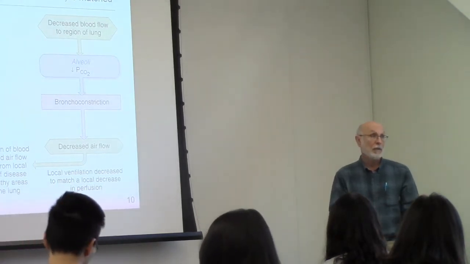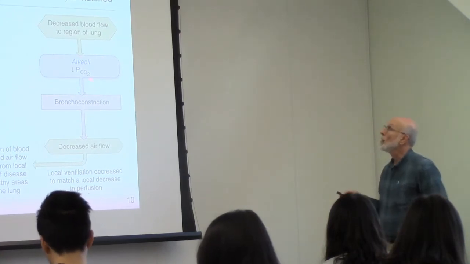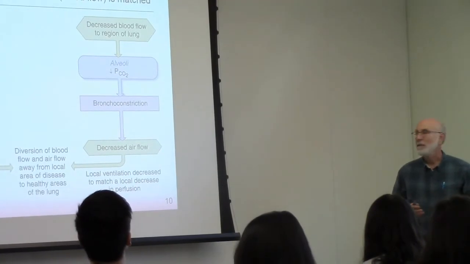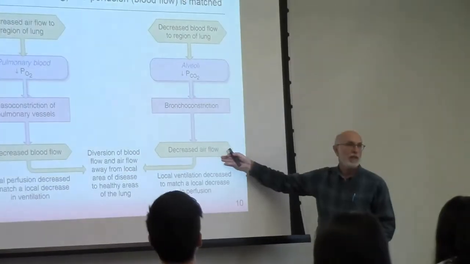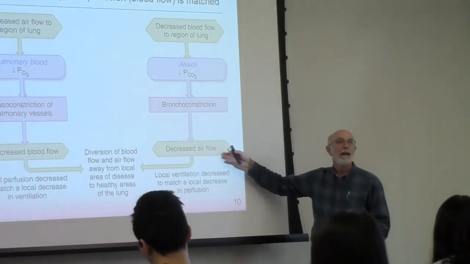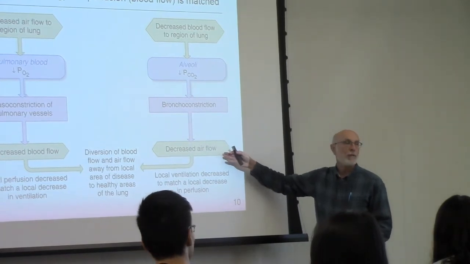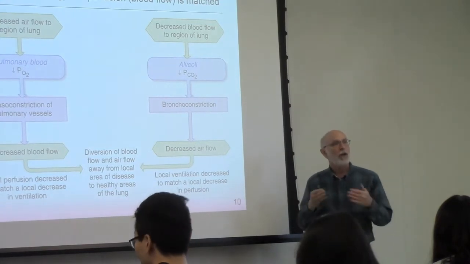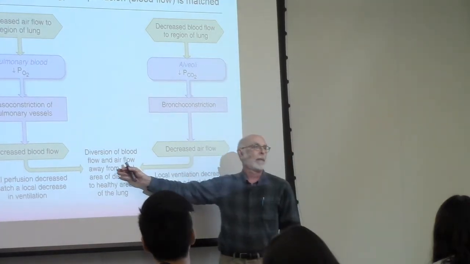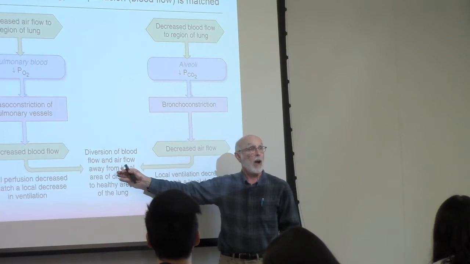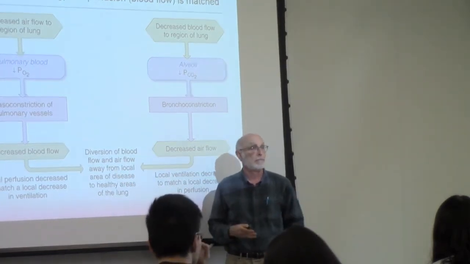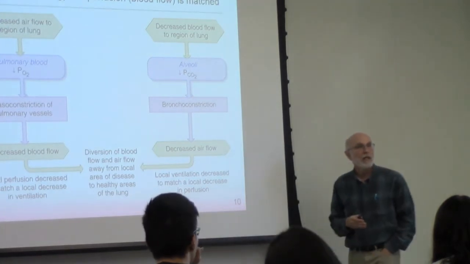They're not getting CO2. So PCO2 would go down, and that would trigger constriction so that air would get diverted, decreased airflow to those regions of the lungs, and gas would get diverted from the regions that are not perfused to the regions that are, so that the alveoli that are getting ventilated are also getting a little bit more blood, matching the ventilation and the perfusion.